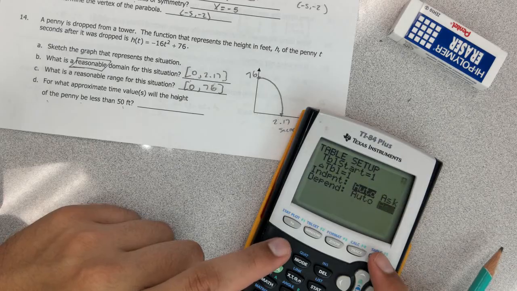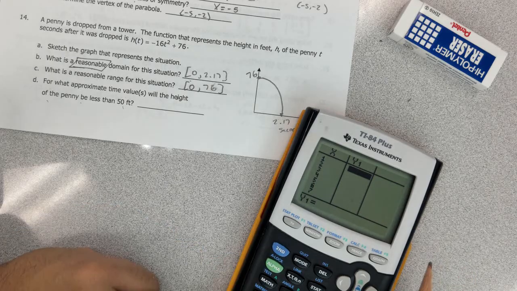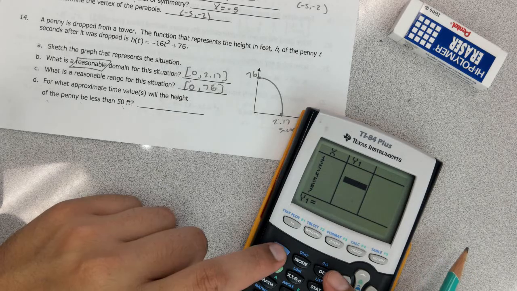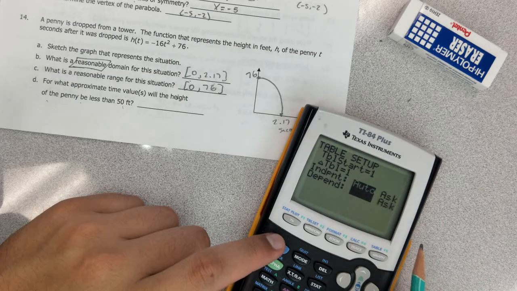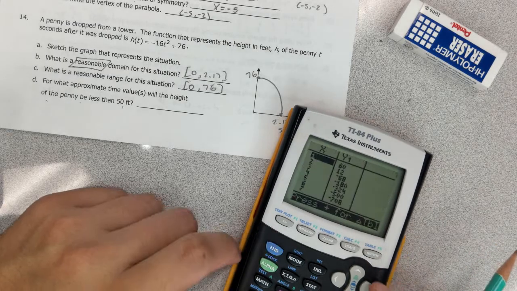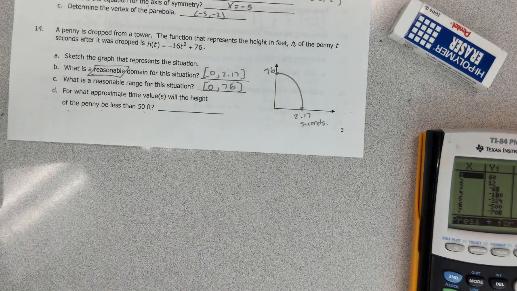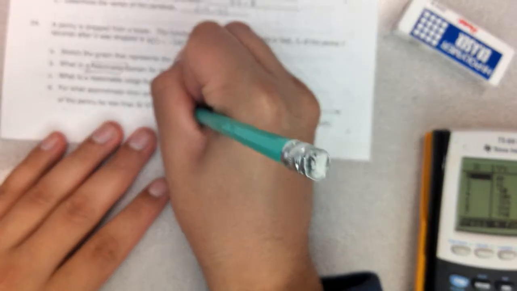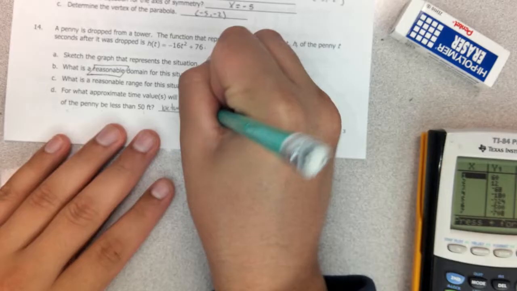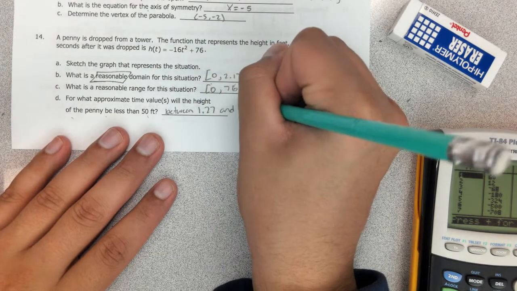Let's see what the y value is when it's 50. Okay, this one's probably easier to see on Desmos, but the answer should be between 1.27 seconds and 2.17 seconds.